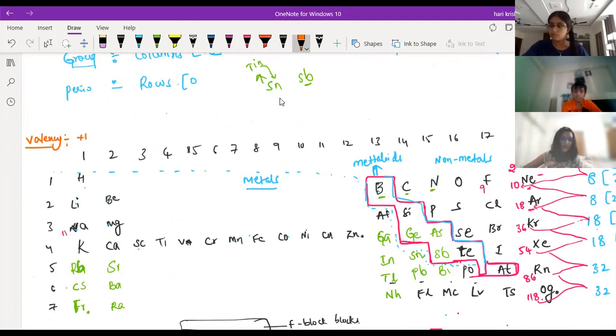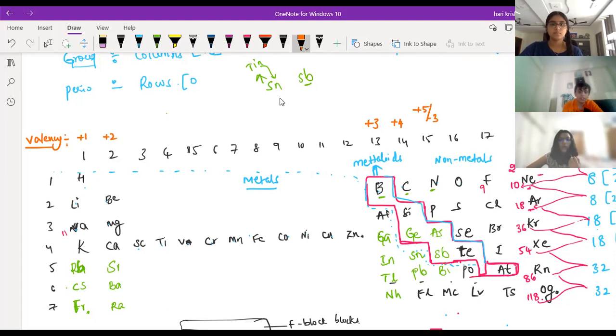Second group elements? +2. 13th group elements? +3. 14th group elements? +4. But for the 15th group you have two chances: one can be +5, the other can be -3. +5 is the number of outermost electrons, -3 is the combining capacity. Yes or no? Yes, sir.